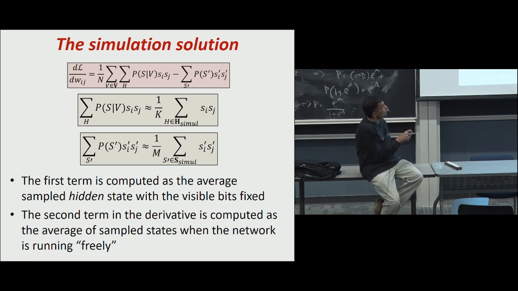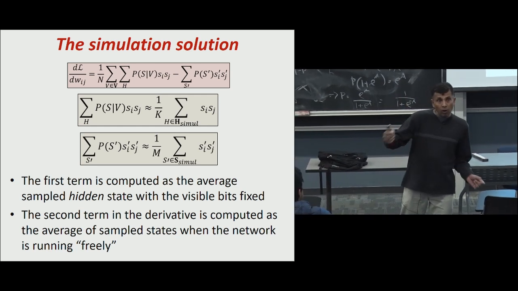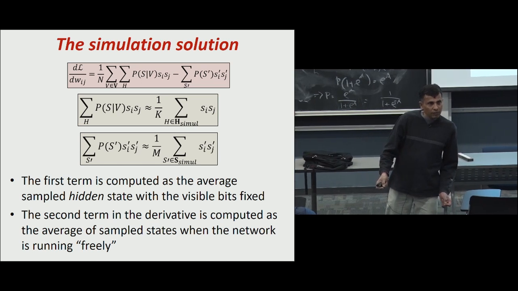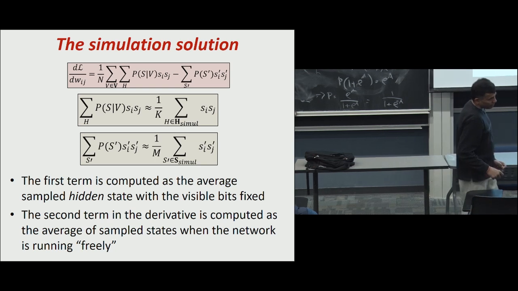for the derivative of the log likelihood with respect to any weight. For the first term, you are taking an average over all of the training samples that you've got, but for each training sample, the term that you're computing is the expected product of the states over all hidden states for that given visible pattern.